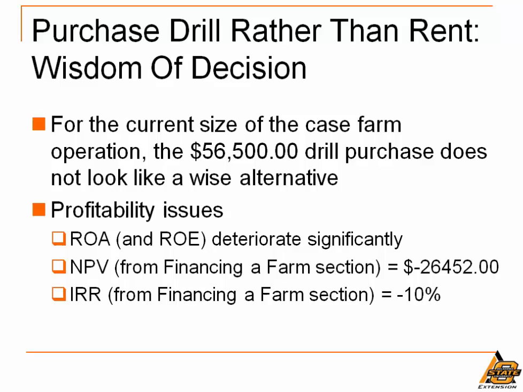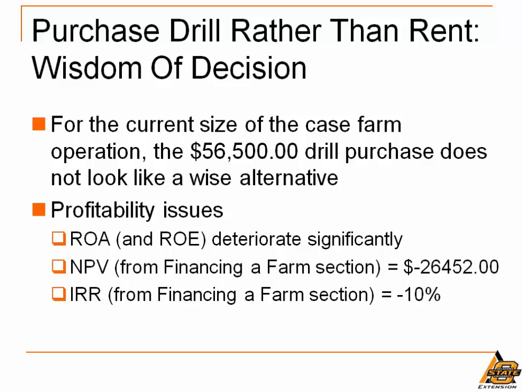More detail will be provided in the Financing a Farm section of this educational series, but briefly, a couple of profitability measures that are designed to evaluate capital investments on their own merit do not appear very positive for the drill purchase decision. The net present value, or NPV, of the drill purchase is projected to be more than $26,000 on the negative side.